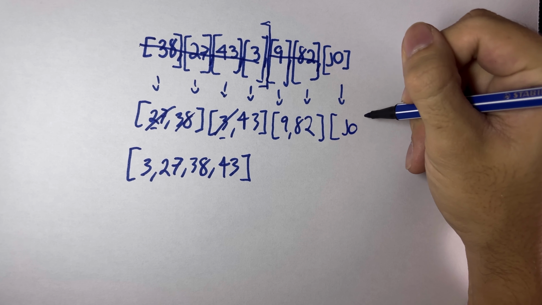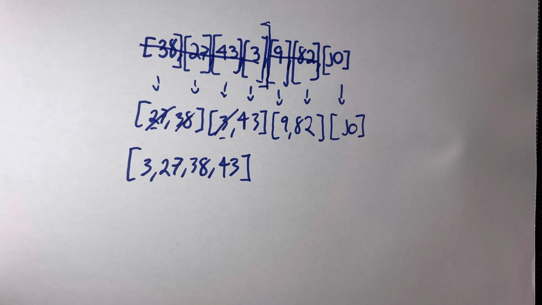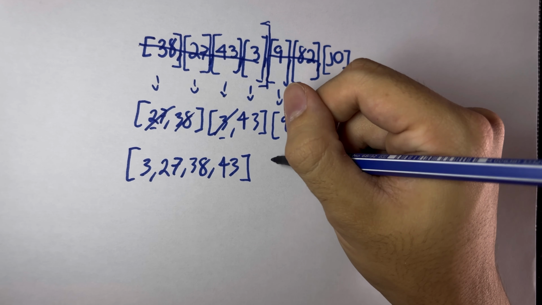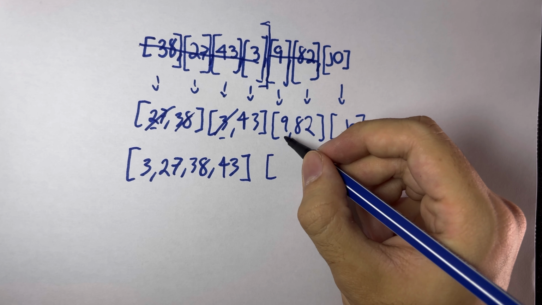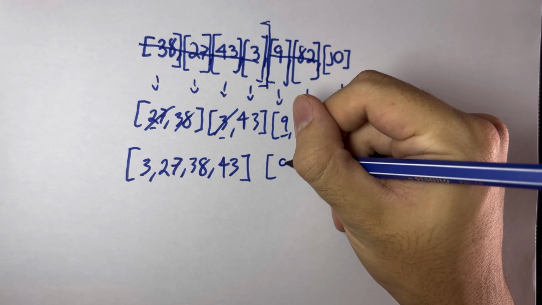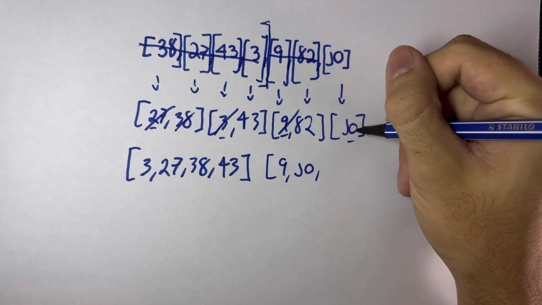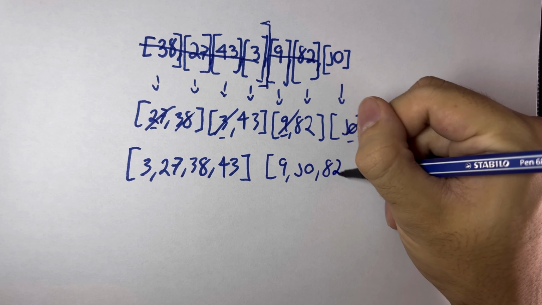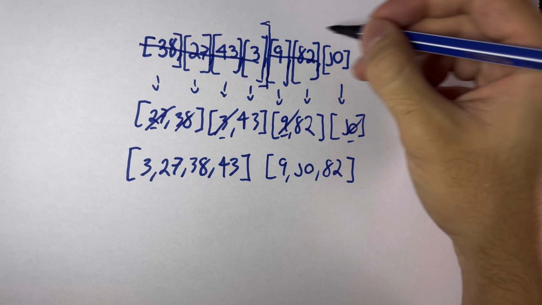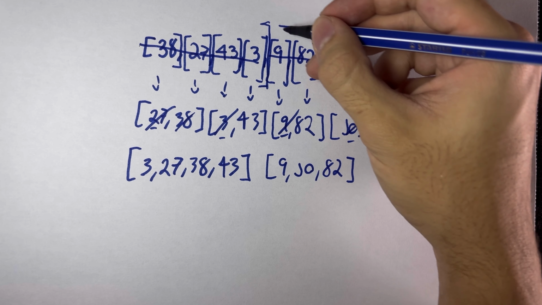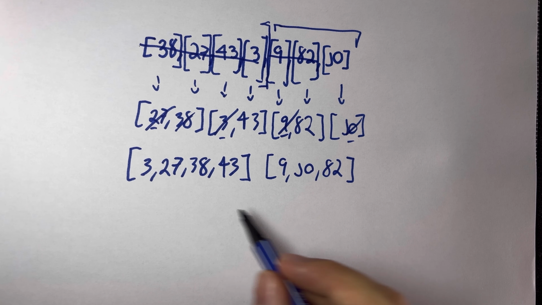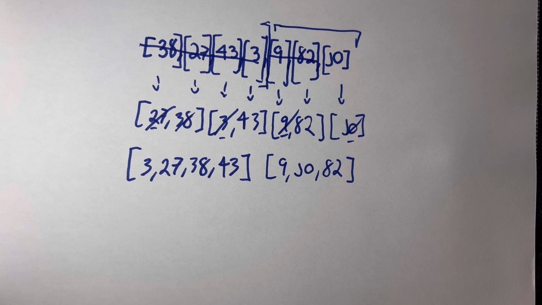We're going to have 10 here. And now we're going to compare the first element of each array: 9 and 10, 9 is smaller; 82 and 10, 10 is smaller; only 82 left, 82. So this second half of the array is already sorted, and we have two smaller arrays sorted.